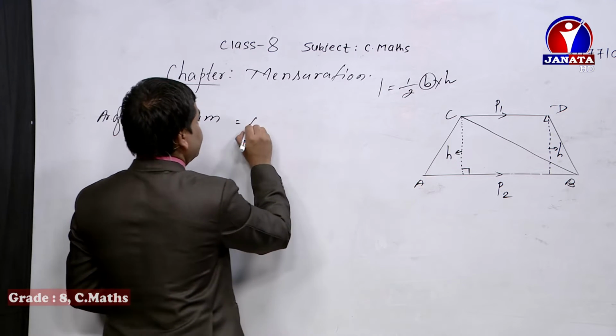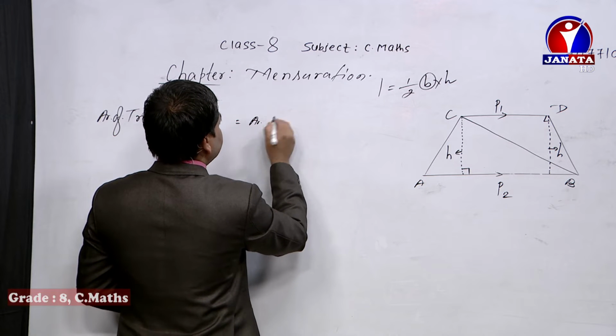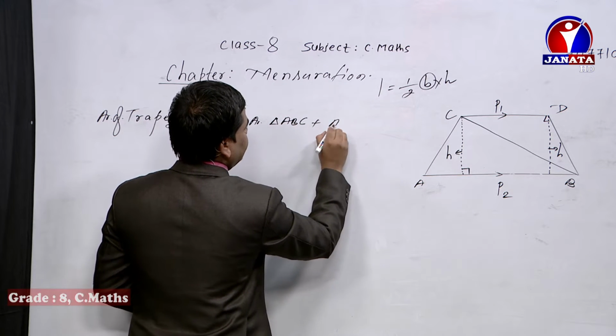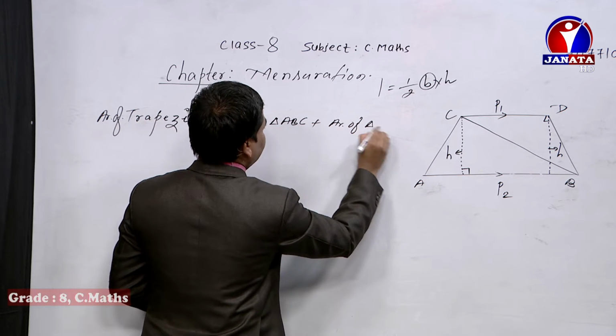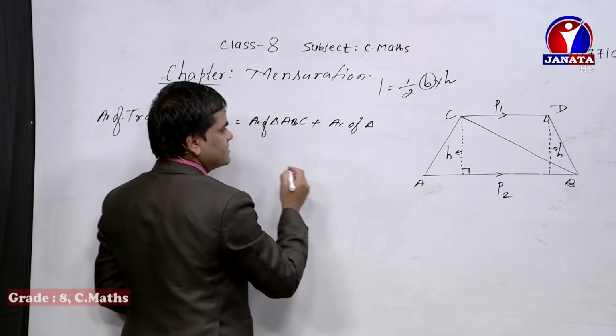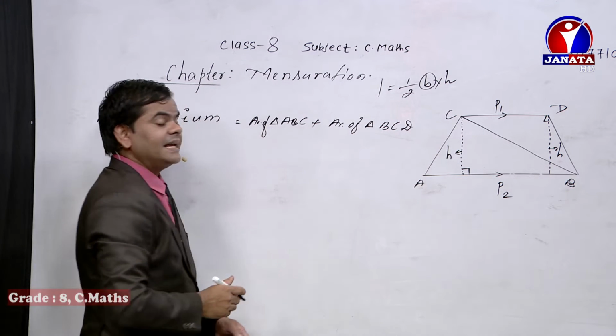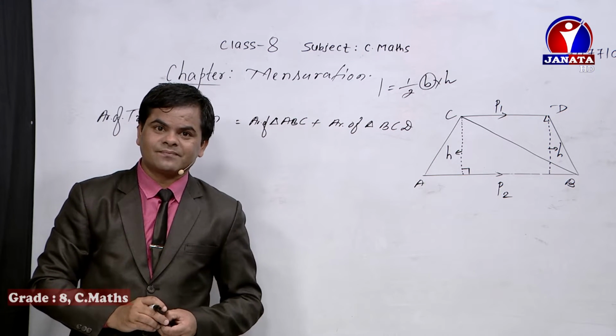So, area of triangle ABC plus area of triangle, which one? Triangle BCD. If we combine them together, it will be the area of the whole trapezium, isn't it?